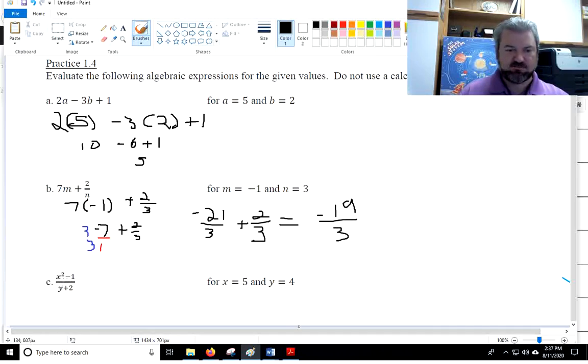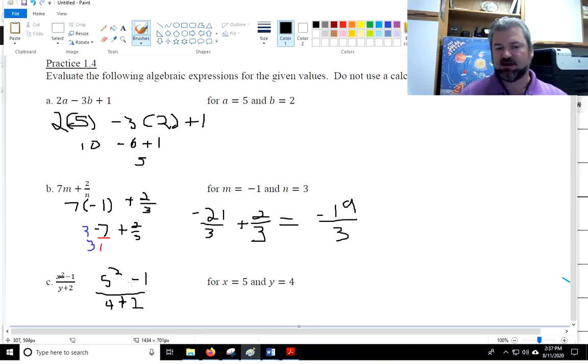All right, x squared minus 1 over y plus 2. So I have 5 squared minus 1 over 4 plus 2. And I wanted to show you me plugging them in without parentheses, because maybe some of you didn't plug it in with parentheses either. And I want you to know that's totally okay some of the time. As long as, when you've got that squared there, you're careful.